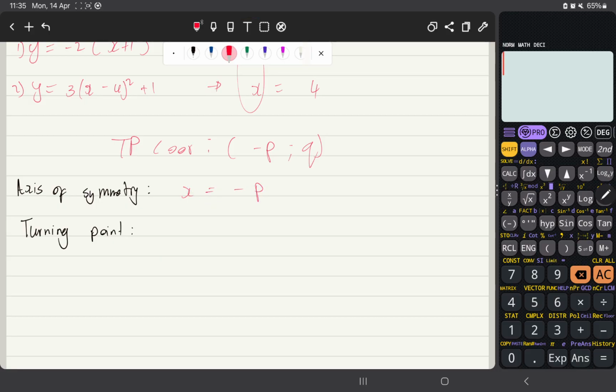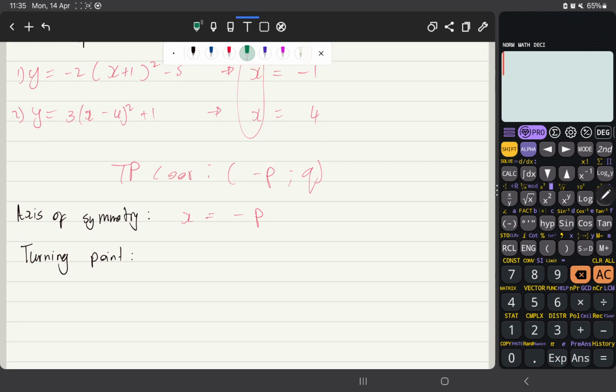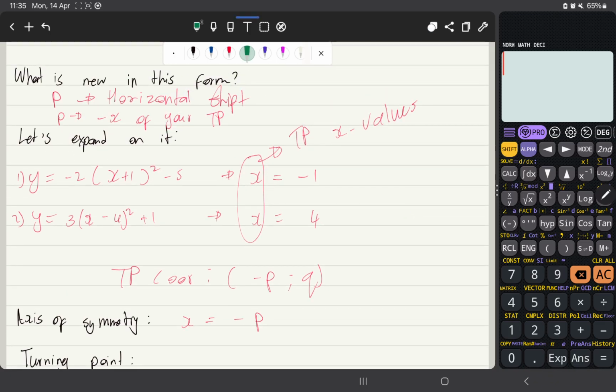That's the equation of your axis of symmetry. So for example, for these two equations, the axis of symmetry for this one is going to be x equals minus 1, and here it's going to be x equals positive 4.